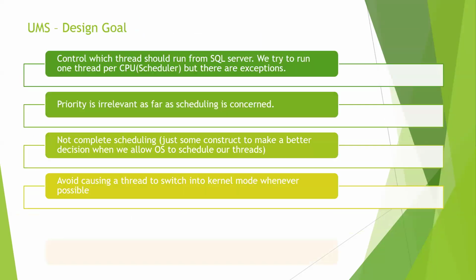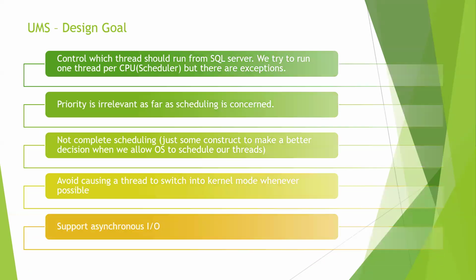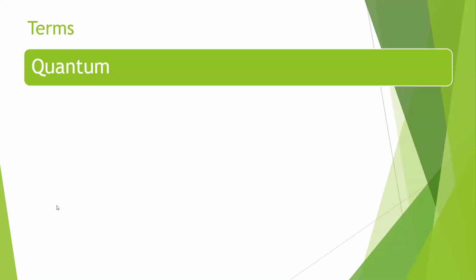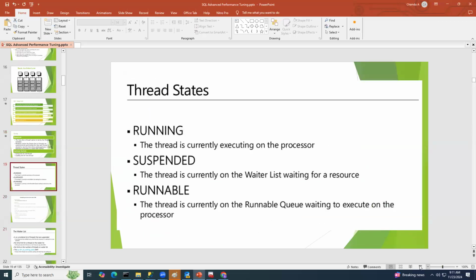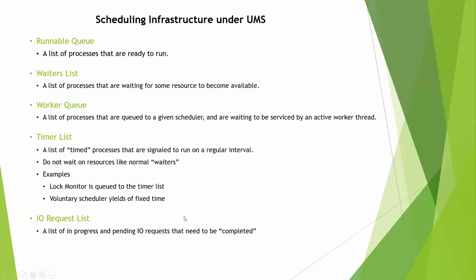That is what we see as the runnable queue. Again, same thing: runnable queue is a list of processes that are ready to run. Waiter list is a list of processes that are waiting for some resources to be available, right? So this is what we talked about.